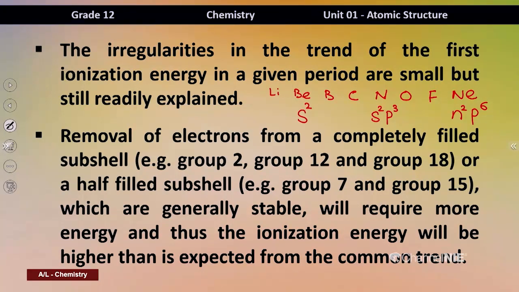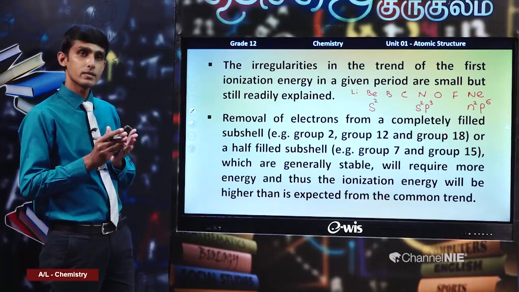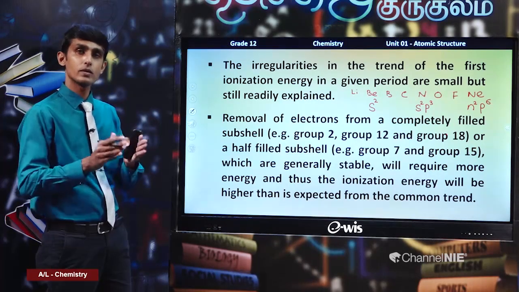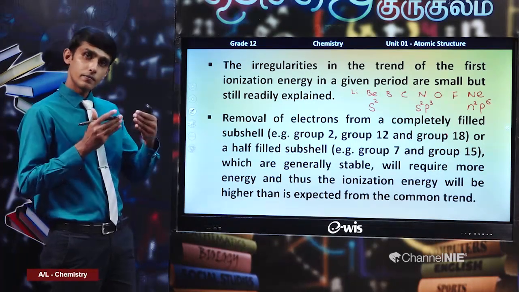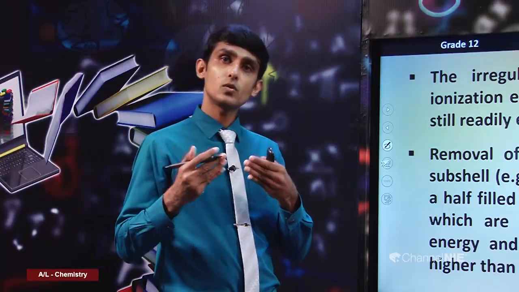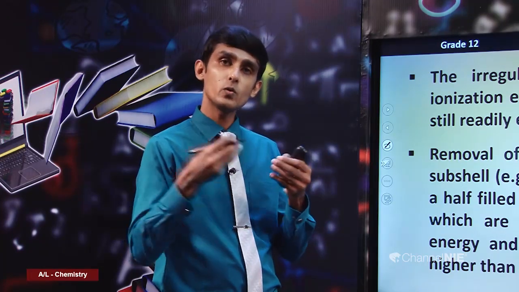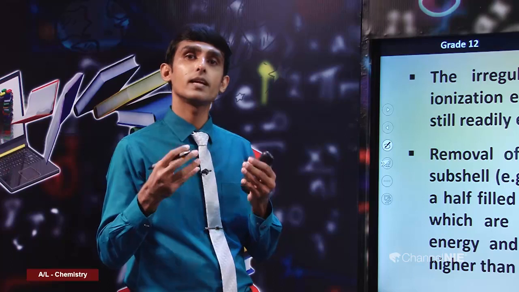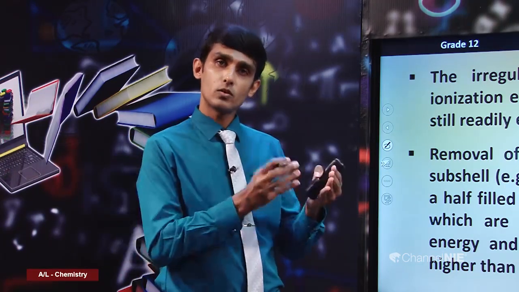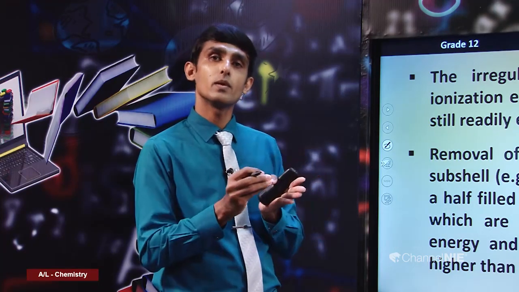The reason is these configurations have either completely or exactly half filled sub-energy levels. If the configuration is stable, it is quite difficult to break it. That means it is quite difficult to remove an electron from that stable electron configuration. So, you need to provide a large amount of energy.